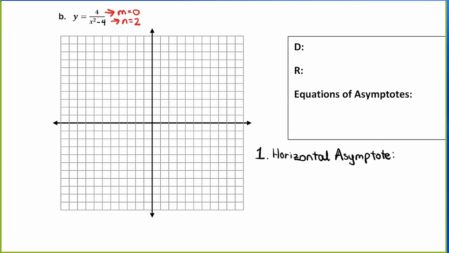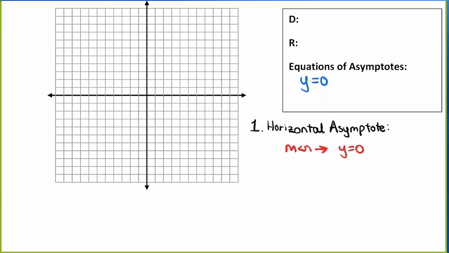There is one on the homework that's a third power, but it's actually really easy. So our n here is less than our n, that is true, 0 is less than 2, which means that we have a single horizontal asymptote at y equals 0. Our vertical asymptotes, here's the fun.